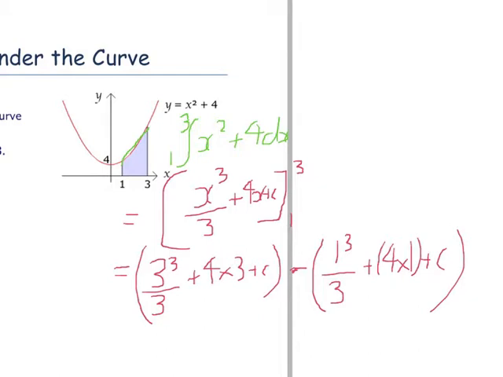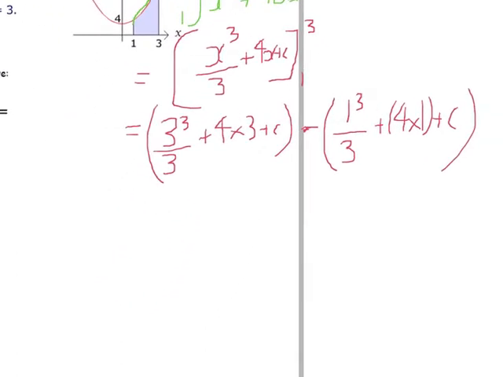If we sort this out a little bit, the first bit is 3 cubed is 27 divided by 3 is 9, plus 4 times 3, which is 12, plus the constant. 1 cubed is 1, over 3 is a third, 4 times 1 is 4, plus the c.